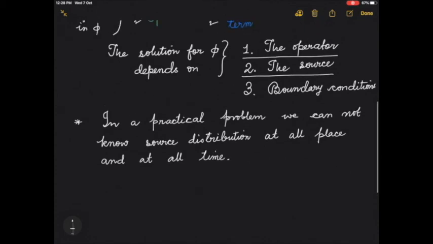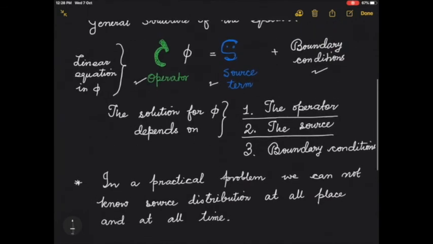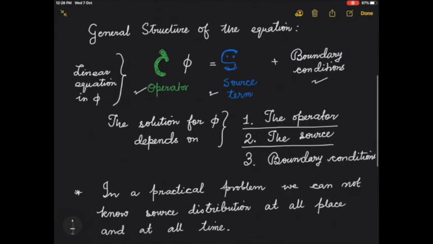Right, obviously you cannot know it for all time. If you are doing a measurement, you cannot know what the source distribution was by any measurement that you perform before you took birth here on Earth.